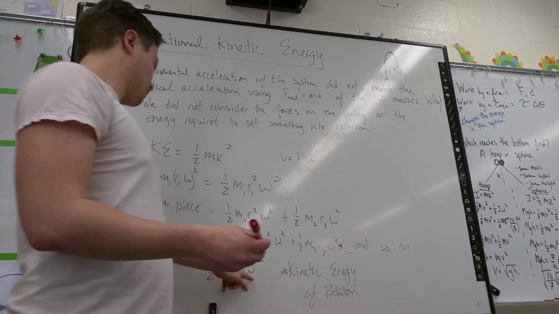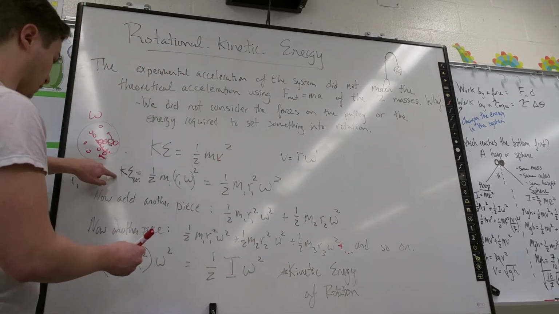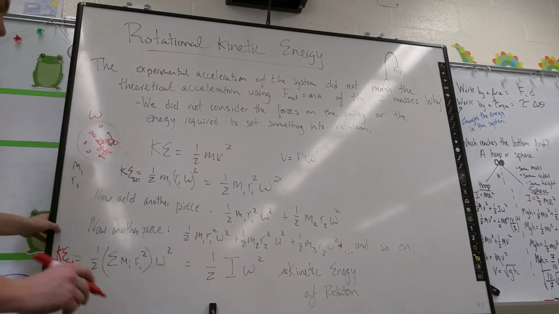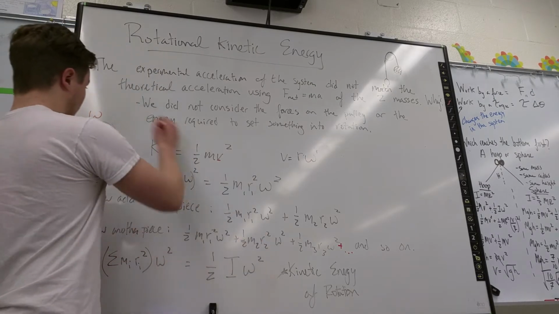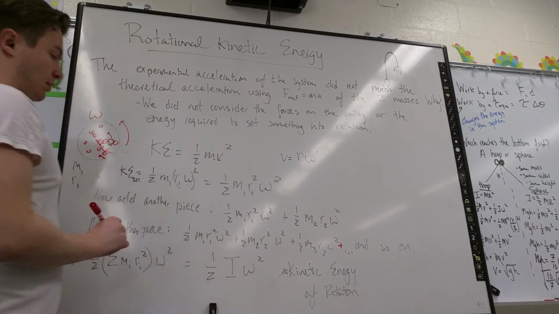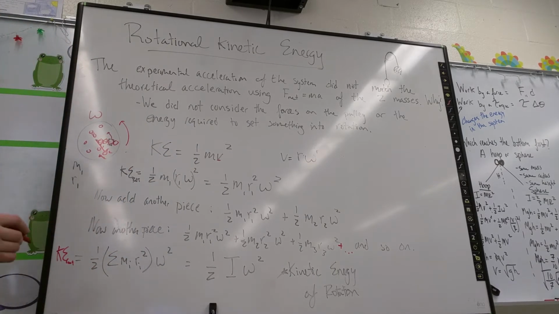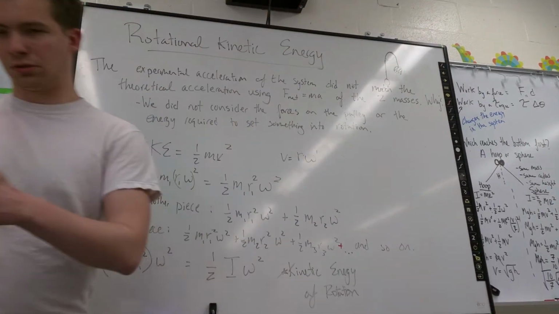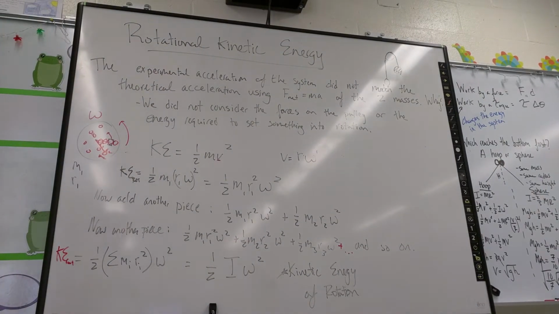And in this term, remember, we're solving for kinetic energy of rotation, the angular speed by which this thing is rotating also matters for this kinetic energy. So let's look at some application over on my other board.